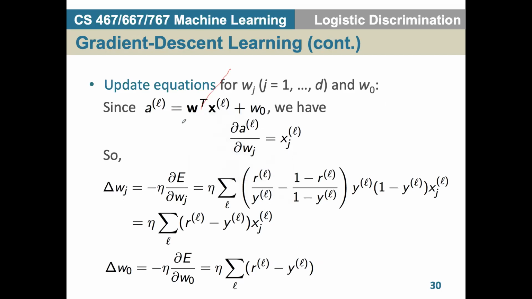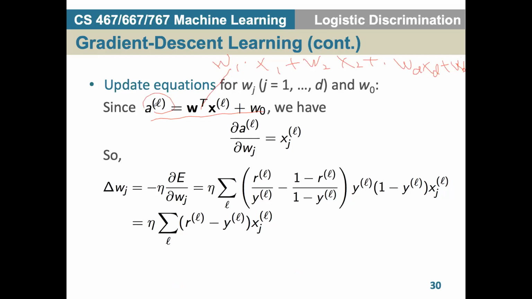This is the inner product between W and X, right? W1 is the first parameter times your first attribute X1, the first column of your data, plus W2 times X2. Then, is A the class estimate? A is just a notation for this thing. We just simplified it into A.